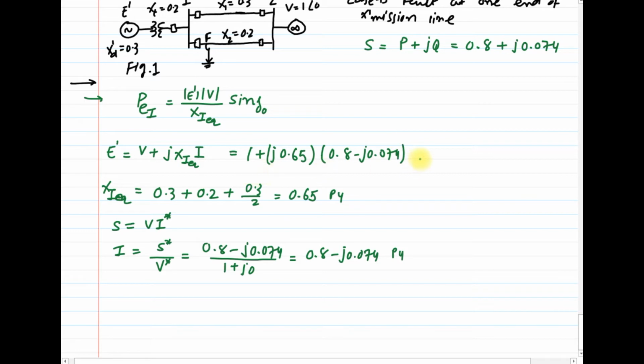Clear? So the final answer for the voltage E dash is equal to 1.17. Just verify it by yourself, with an angle of 26.387 degrees, per unit. Clear?